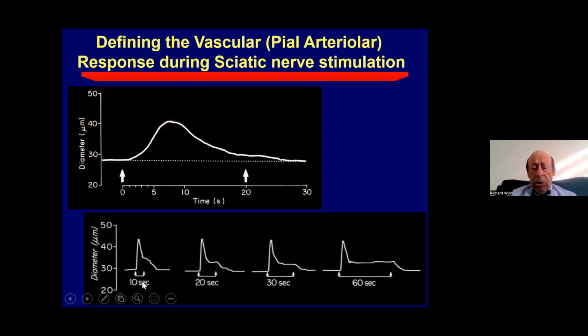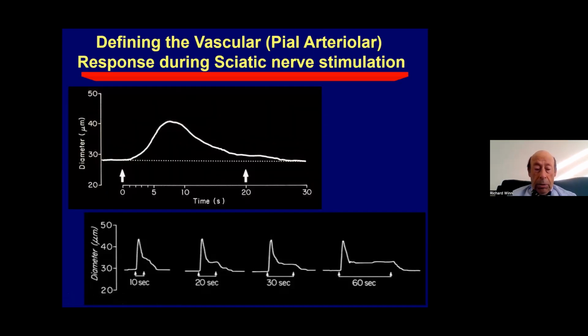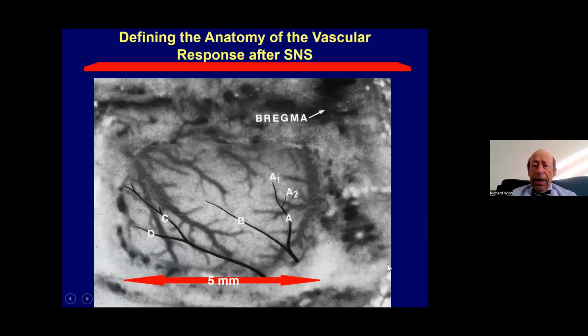Here's different stimulation periods, 10 to 60 seconds. And what we subsequently proposed was that this was some type of reflex. Whoops, let me go back one. But this shoulder was the metabolic component. Here's the cranial window. Here's the sensory hind limb cortex.